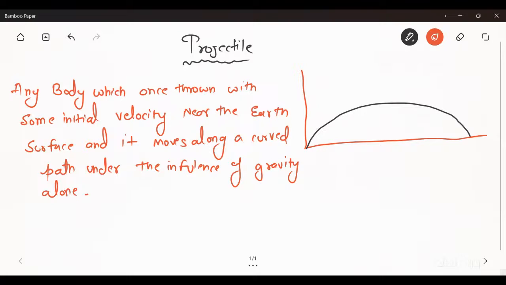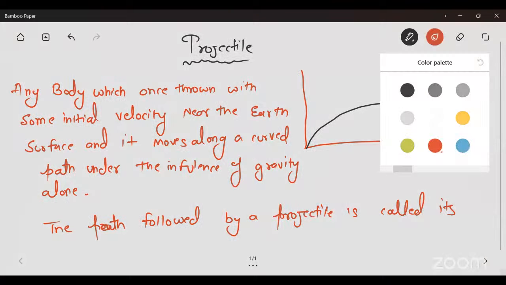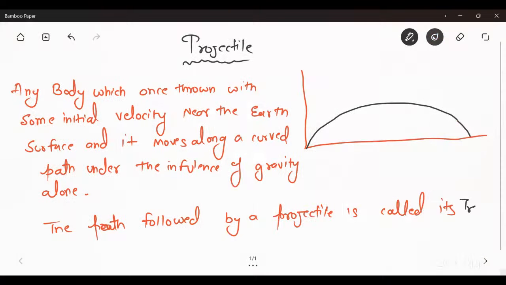Okay, the path followed by a projectile is called its trajectory, and the trajectory of a projectile is always a parabola.